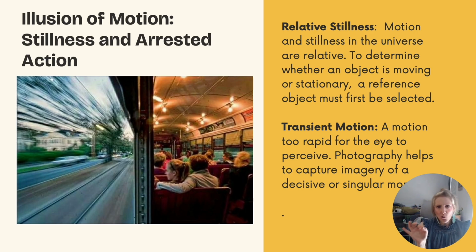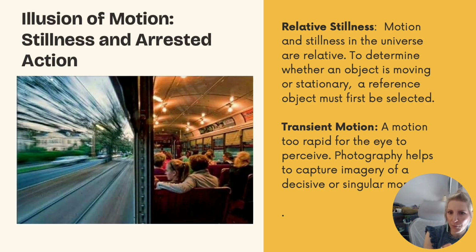Relative stillness and arrested action can be two different techniques. So relative stillness is motion and stillness in the universe and how they relate to one another. To determine whether an object is moving or stationary, a reference object must first be selected. Transient motion is motion that's too rapid for the eye to perceive, so photography can help to capture the imagery of a decisive or singular moment.